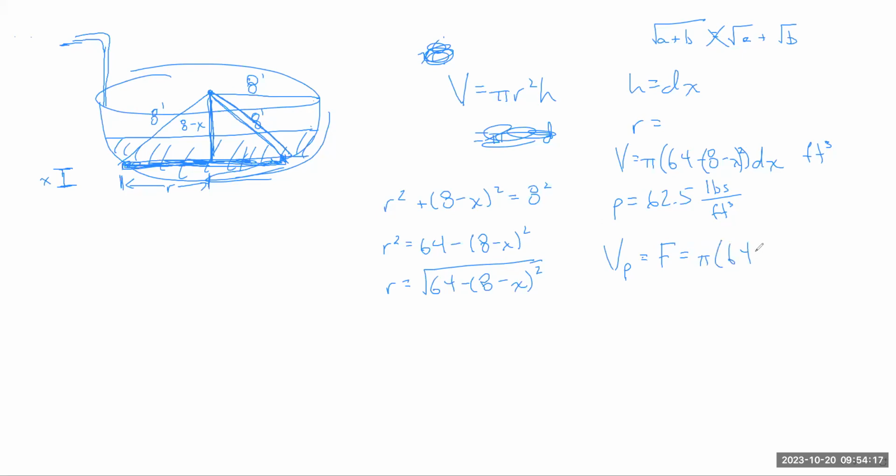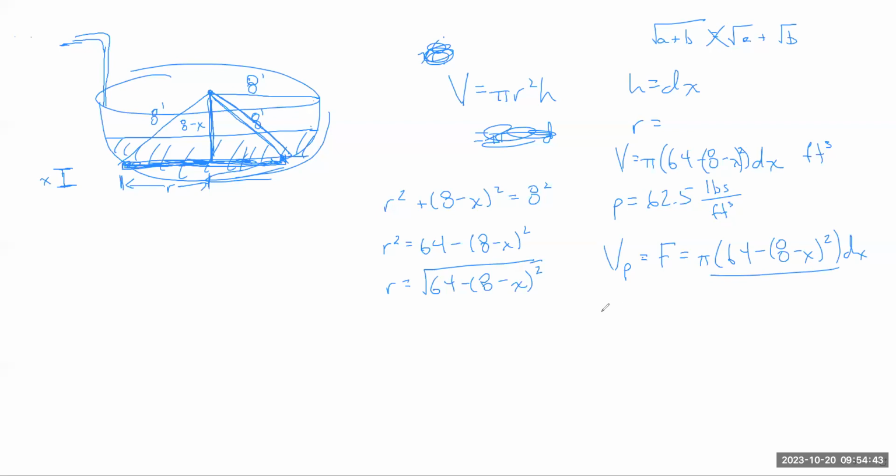So pi times (64 minus (8 minus x) squared) dx. And now do I have to multiply this thing by gravity? No. That's something I saw a lot in the homework. Pounds are already a unit of weight, not a mass, so you don't have to account for the acceleration of gravity. Okay, so now we got the weight, the force.